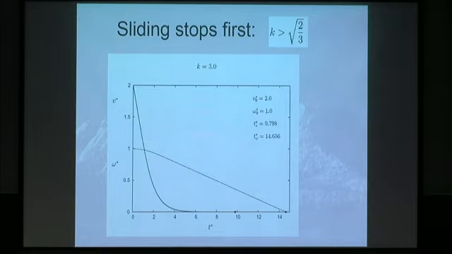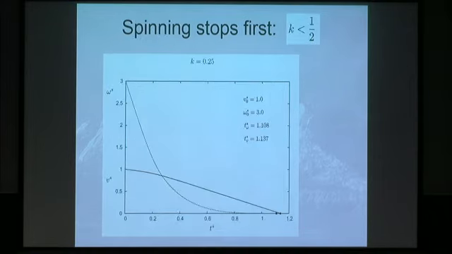Well, the v velocity stops at 9.798, and the omega velocity keeps rotating up to this value t star v up to 14.656. So there's an example where sliding stops first and then it spins to rest. That's like the eyeglass case.